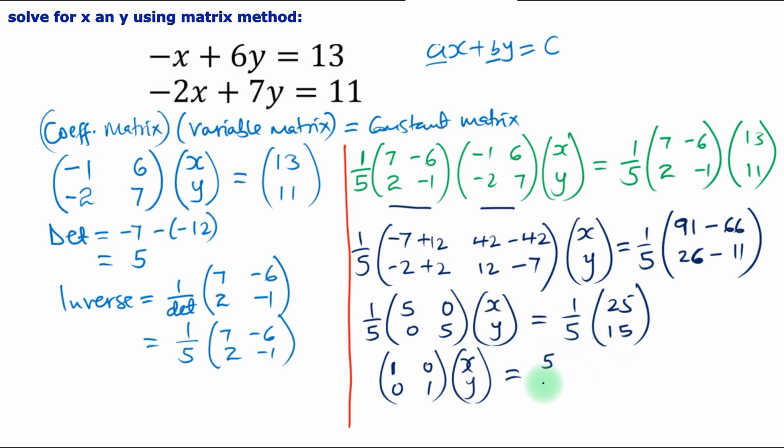A fifth times 15, that is 3. Now I want you to notice that this is an identity matrix and therefore it is equal to 1. Therefore we are going to equate the corresponding elements, and therefore x will be equal to 5 and y will be equal to 3. So that's how we use the matrix method to solve simultaneous equations.